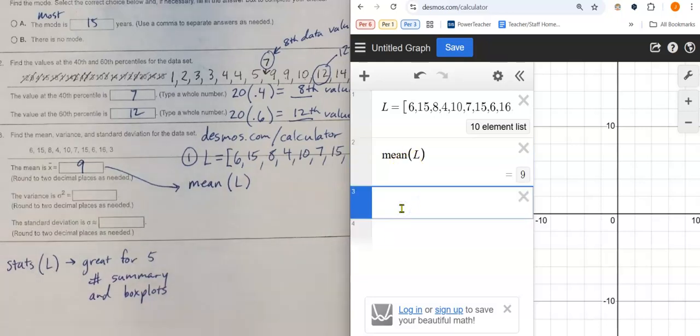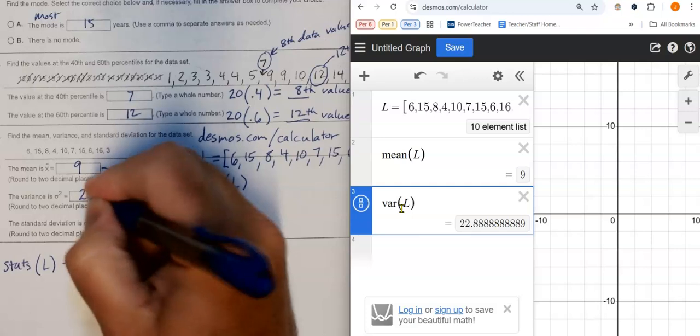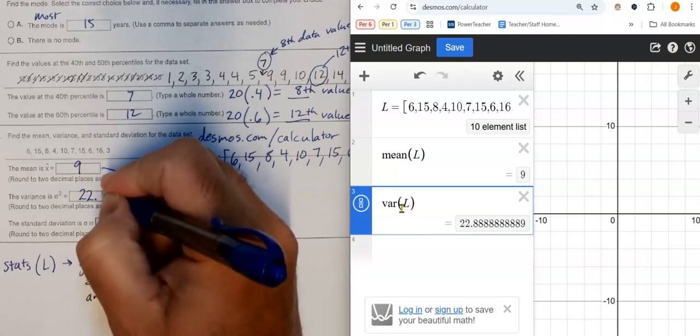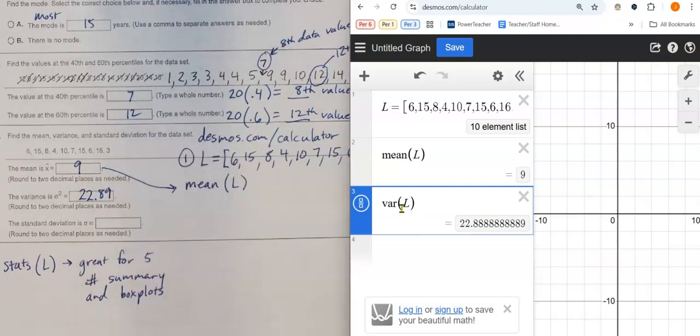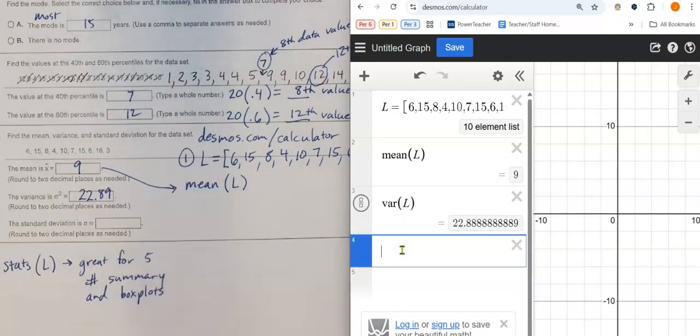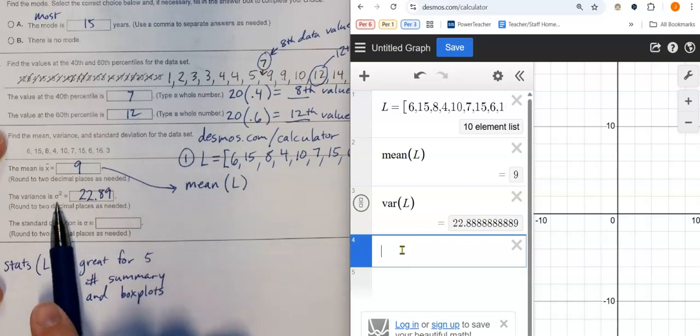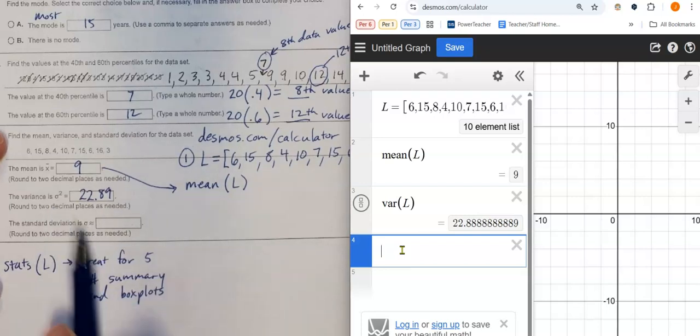What instruction do we use for variance? VAR. And then how do I go from sigma squared to sigma? How do I get rid of this square?